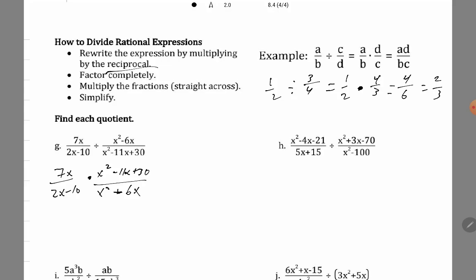Again, I'm going to speed on through this because hopefully you've mastered factoring by now. If you don't, this is going to take you a very long time to do on your homework. 2 times x minus 5, and then x times x minus 6. That's not a plus.